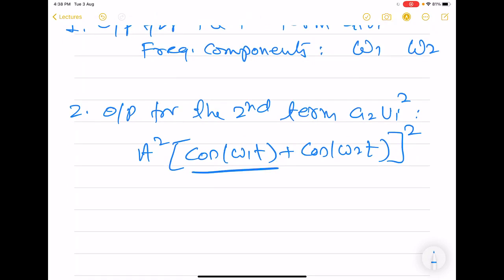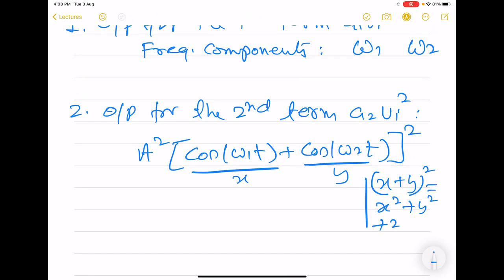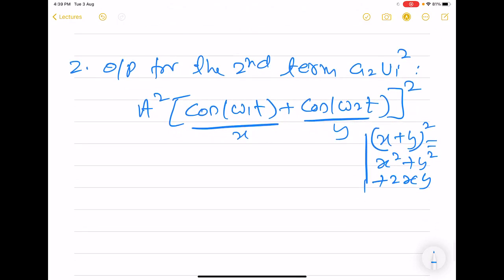So here we have, say, x and this is y. So we know that what we are going to get for x plus y square is x square plus y square plus 2xy. So x square term means we are going to get a square cos square omega 1t.